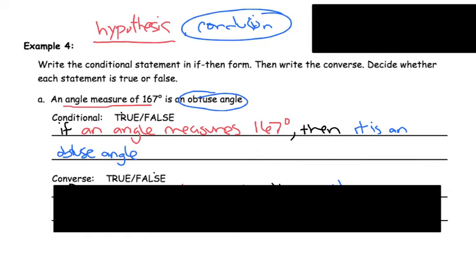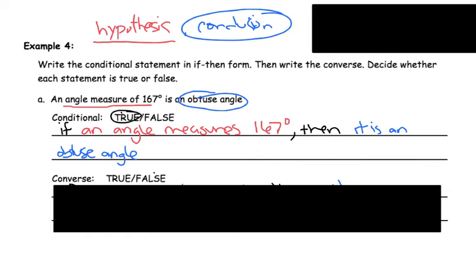Now, ask yourself, is that true or false? Hopefully you understand what obtuse means. Obtuse is an angle greater than 90 degrees. So, the answer is true.